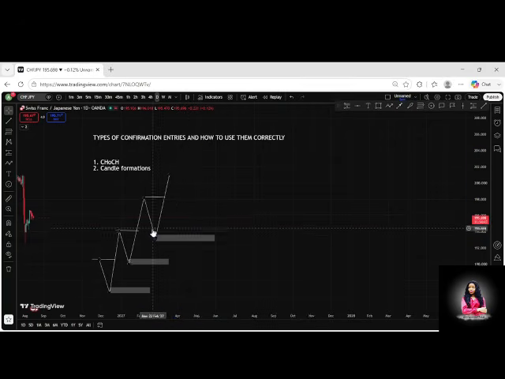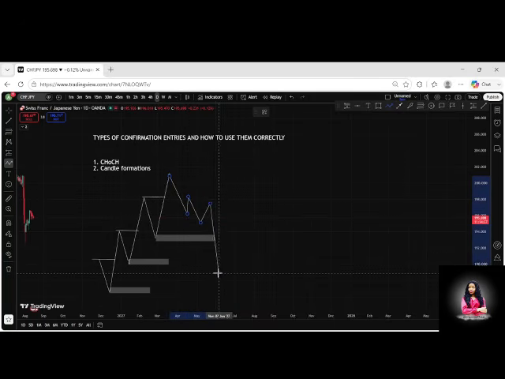If market did not come back to mitigate here and it does something like this, let me assume market was coming back gently but did something like this, making this area invalid. That is, market refused to respect this zone. This refusal to respect the last demand zone has already changed the structure of the market.